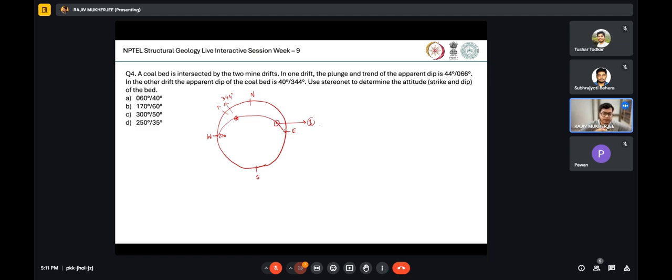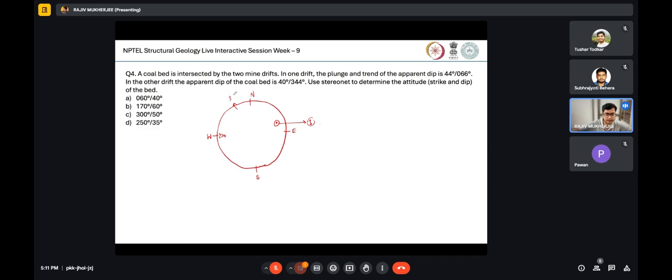So let us see the options. Which of the options are closely matching? I guess this is not 344 at all. 344 would be somewhere around here, I guess.